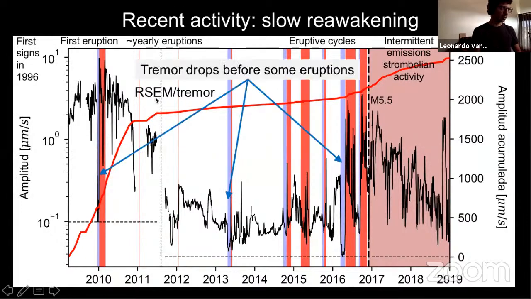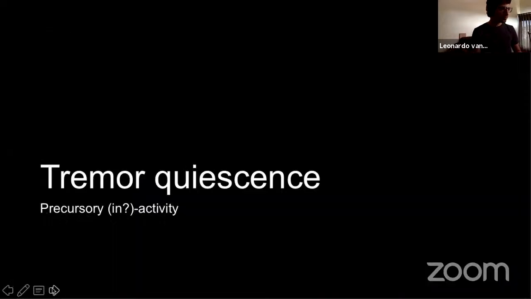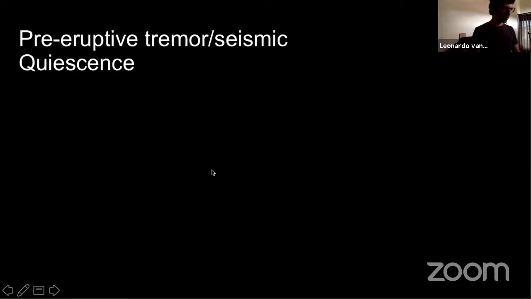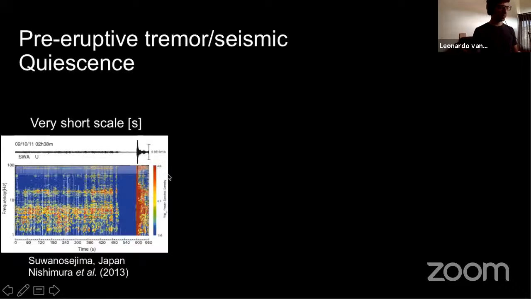So these are the tremor drops before some of the eruptions, and this is what is called tremor quiescence in the literature. And well, I'm going to talk about this precursory activity, or maybe inactivity. This is a behavior that has been observed in other volcanoes.